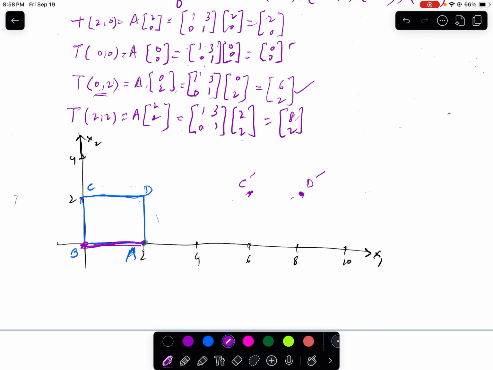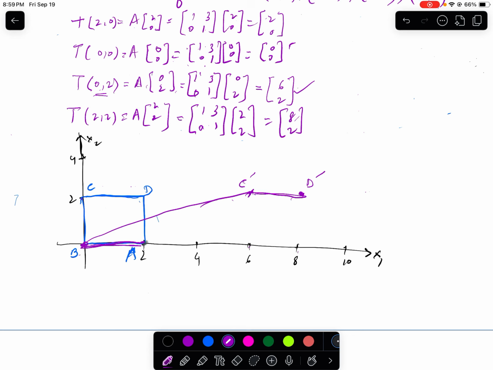Now in the square, A is joined to B, B is joined to C. So now B will be joined to C prime. Then C prime and D prime will be joined.